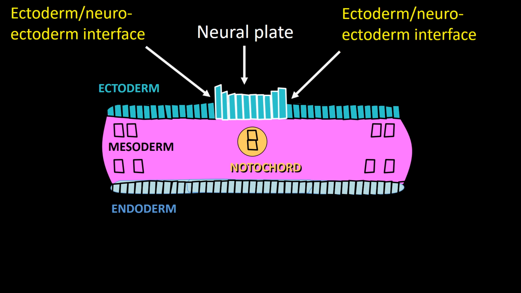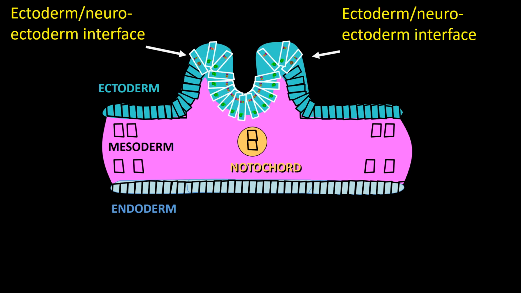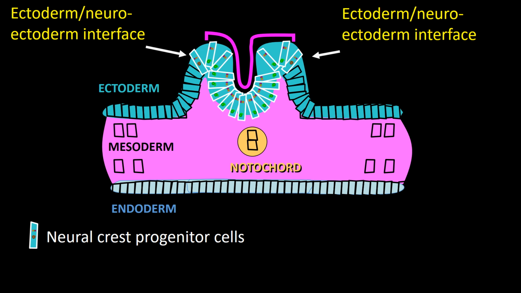Now, the region between the ectoderm and the neuroectoderm, called the ectodermal neuroectoderm interface, starts growing disproportionately. This growth raises the edges of the canal, but as this happens, the cells in the interface, indicated by the arrow, and on both sides, become neural crest progenitor cells, whereas those in the center, bracketed by the magenta line in this frame, become the neural tube progenitor cells.